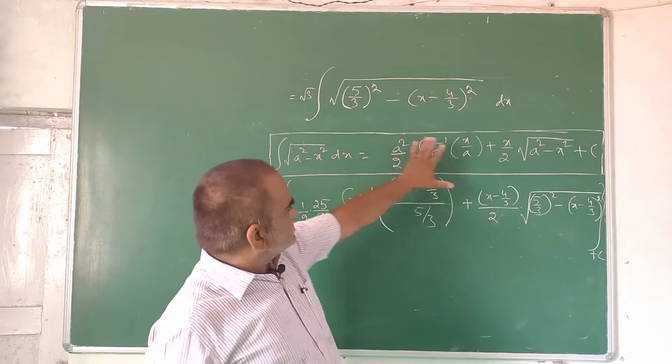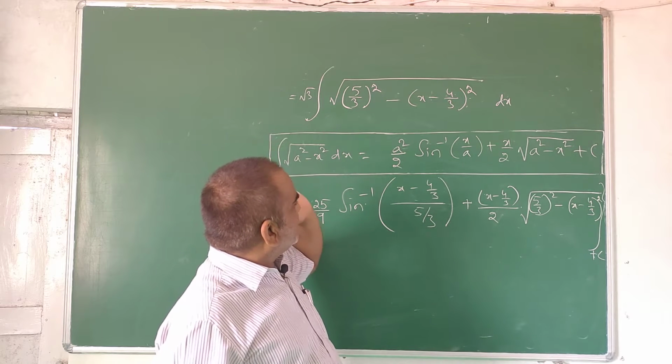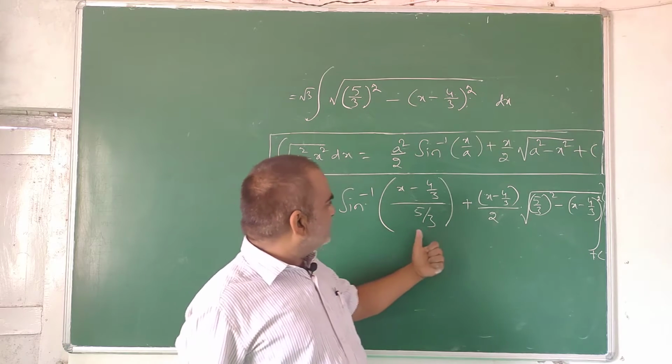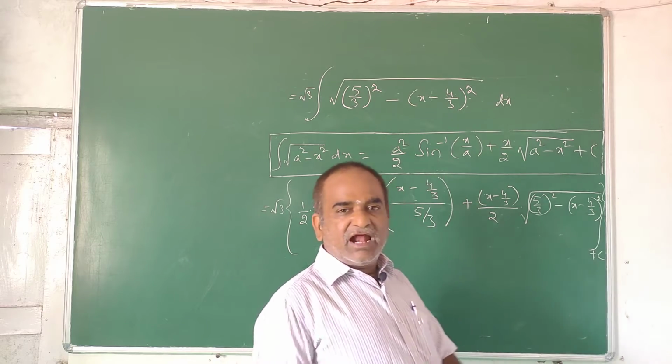So just now I used this formula and replaced a with 5 by 3 and x with x minus 4 by 3. So a square by 2 sin inverse x by a plus x by 2 into root over a square minus x square plus c. Understood?